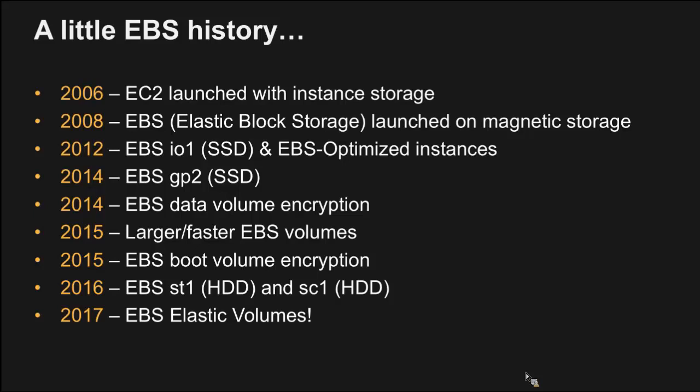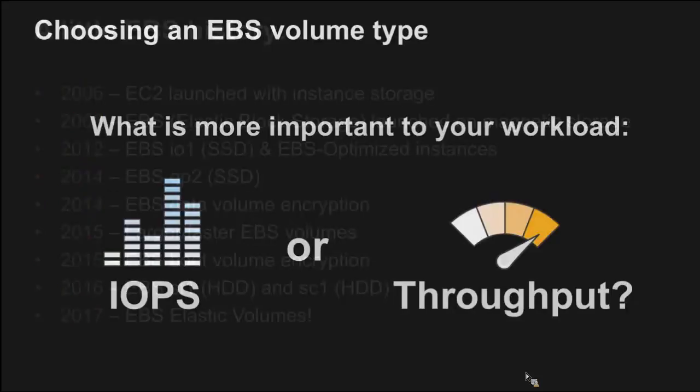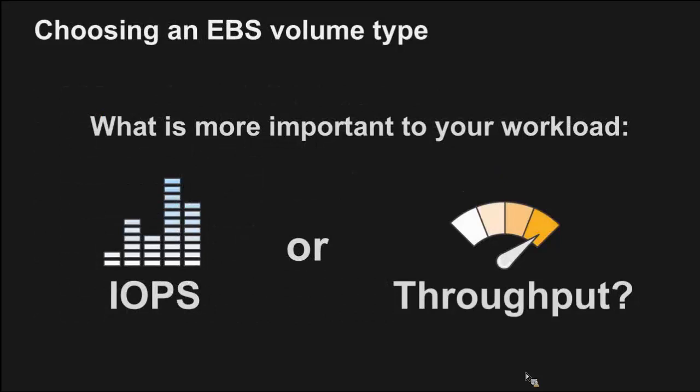Following the launch of io1 volumes, we looked at the performance across our EBS fleet, and based on our analysis, we designed the best suited volume type. So in 2014, we launched the General Purpose volume type, also called GP2, which uses a burst bucket or a burst model. Not a lot has happened in the industry around magnetic volumes.